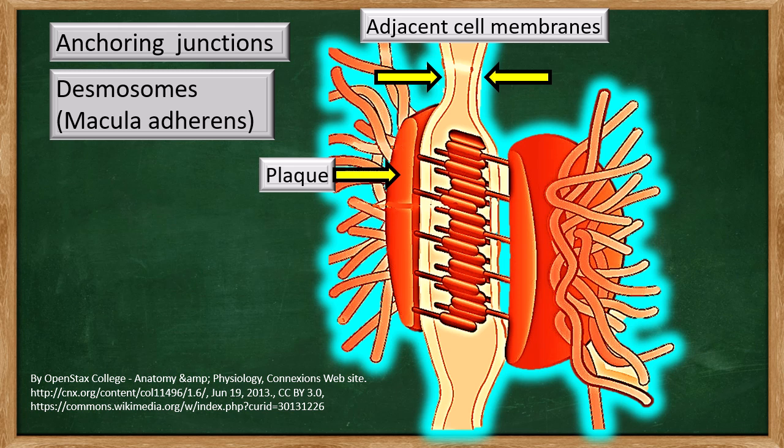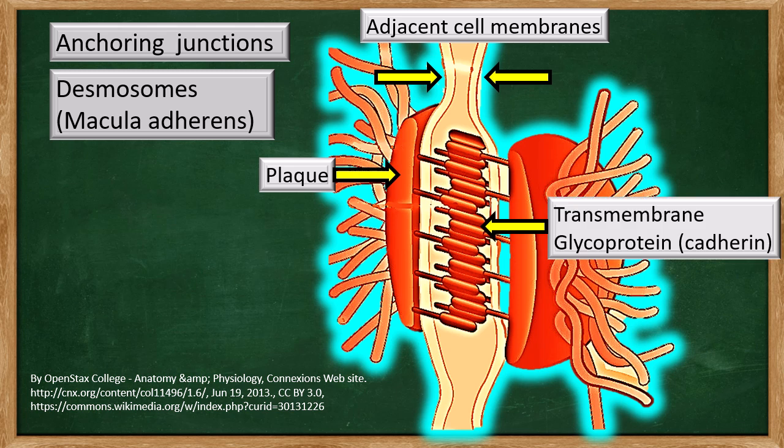Connecting these two plaques, there is some kind of screw, some proteinaceous material, connecting or fixing these two plaques. Often this material that connects them, let's name it now, consists of transmembrane proteins called cadherins.